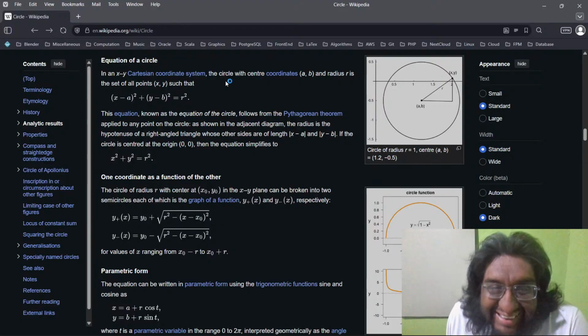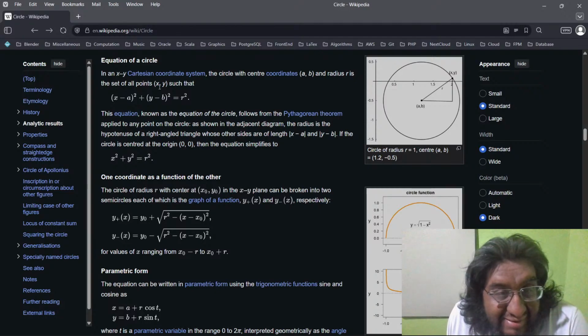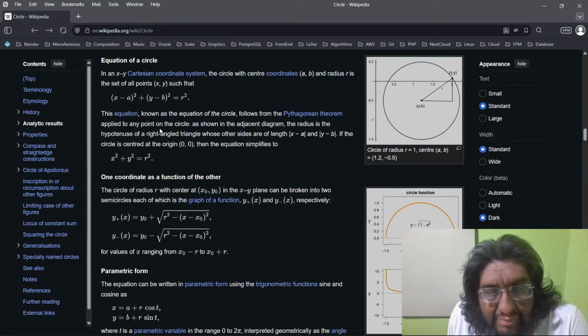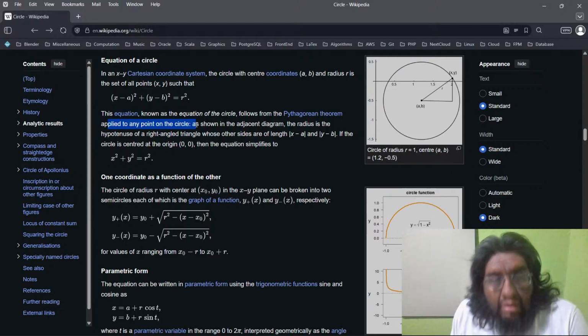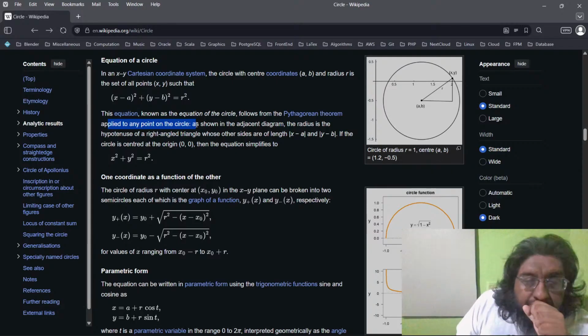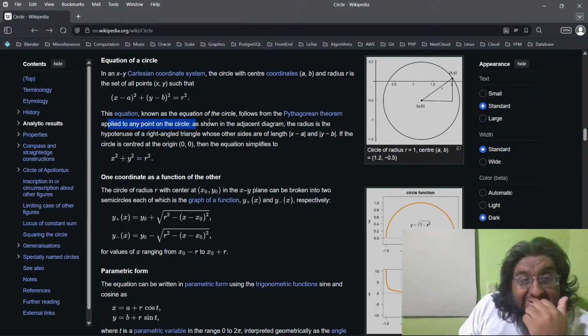Well, okay. The circle with center coordinates (a, b) and radius r is the set of all points (x, y) such that the equation applies to any point of the circle. We will need to solve this.